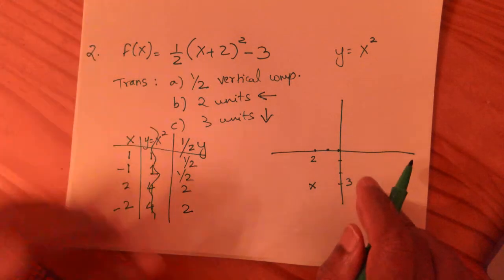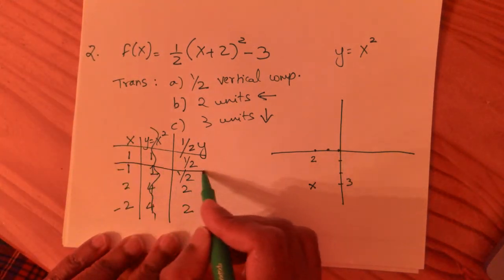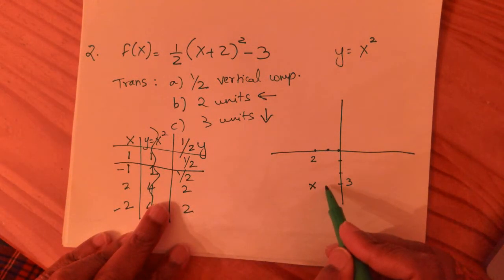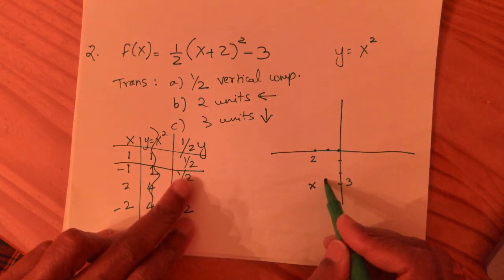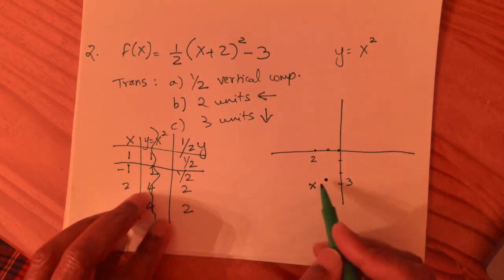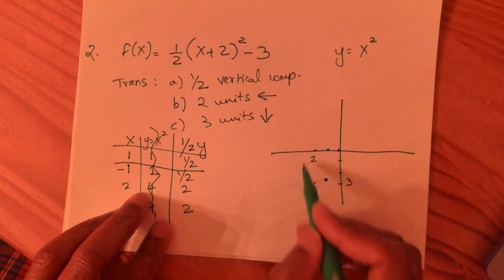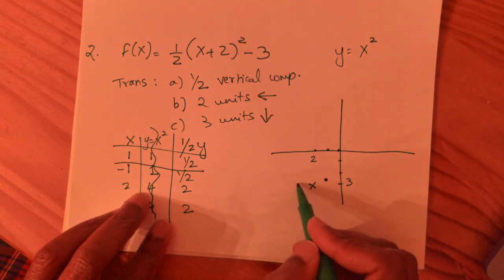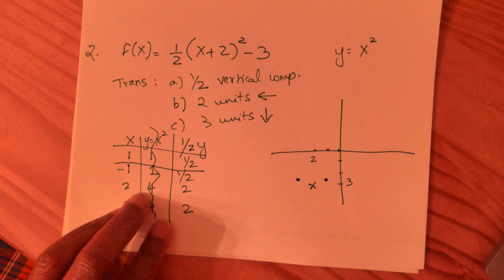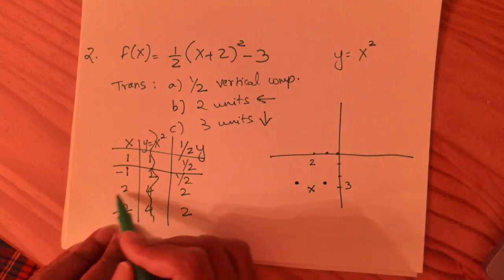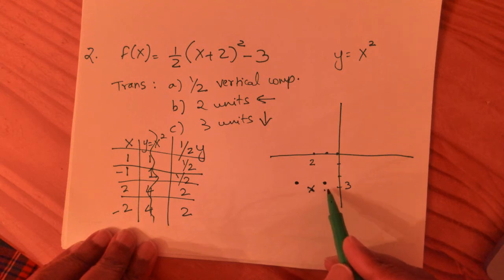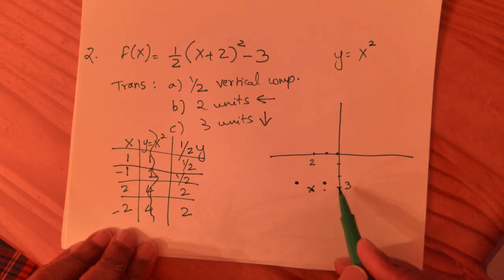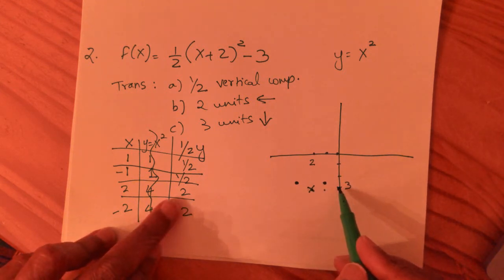So let's go ahead and count this. First point, when I move 1 in the positive direction, I will go up only half. So it's making a much smaller shape. And then when I move -1, moving back, again I'm moving up only half. Then when I move 2, I'm moving 2.